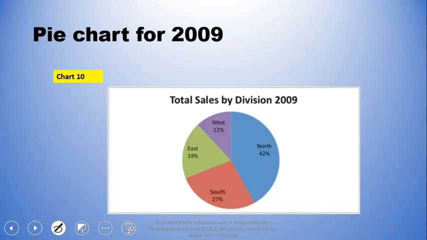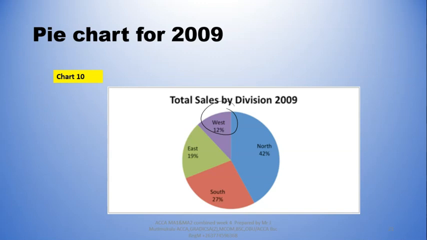All right. So we have got this as our pie chart for the information we have been looking at so far. As we have always indicated, the Western division was problematic. You can also see on the pie chart that it is showing a very low percentage performance in terms of sales.